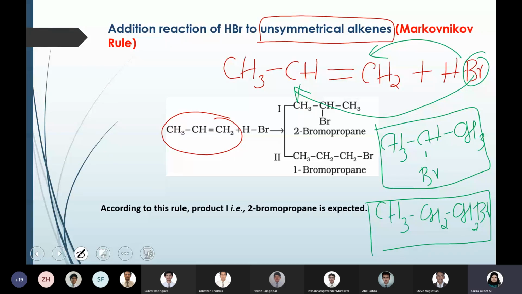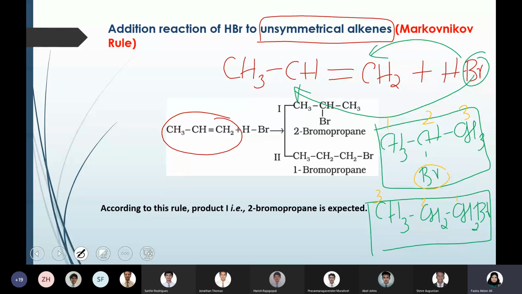Are these products identical like in the previous case? No, ma'am. Okay. What is the name of these products? 2-bromopropane, because here 1, 2, 3, on the second carbon you have a bromine, and here it is 1, 2, 3, so the first carbon has the bromine.